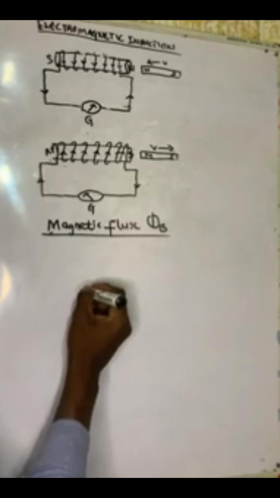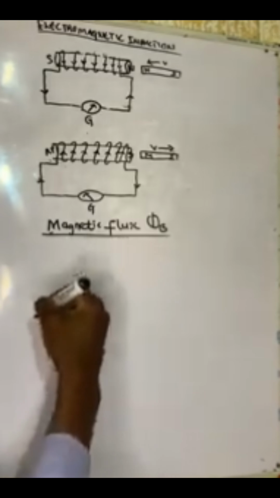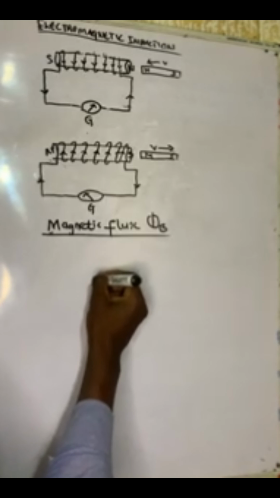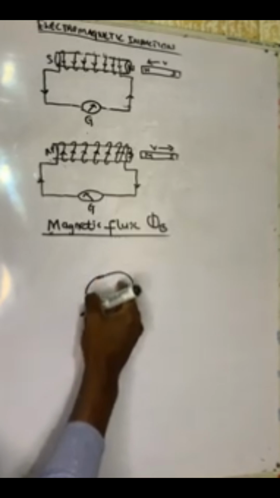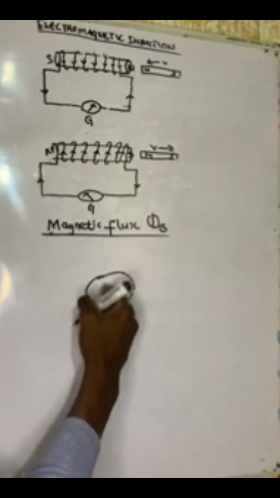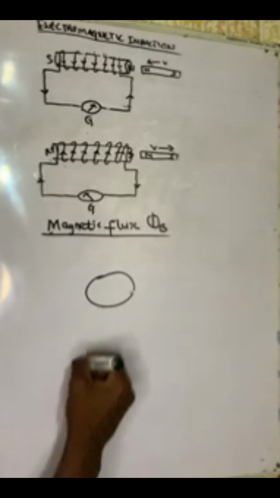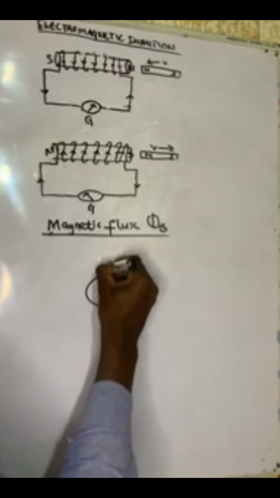Now let's consider a circular conductor. Should we have a conductor which has a surface area in the form of a circle? So a circular current carrying conductor, which has a normal.